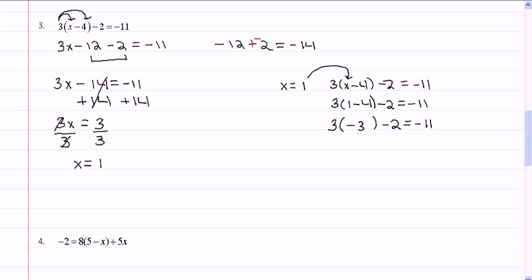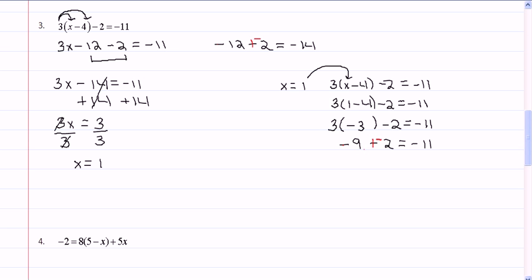First I multiply. 3 times negative 3 is negative 9. Minus 2 equals negative 11. I'm subtracting signed numbers, so I want to follow keep, change, change. So I keep the sign of the 9 as negative, change the minus sign to an addition sign, and make the 2 negative.